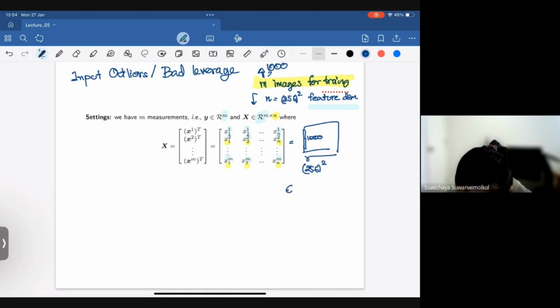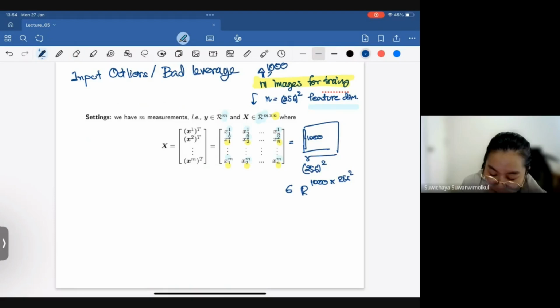So it can be R 1000 times 256 squared, something like that. And if we say that our samples have bad leverage, it usually means that some of these 1000 samples are bad samples. They are the ones that deviate from the other samples or the general trend of other samples. So that's what we mean when we talk about the outliers. It's the error along the sample's dimension.